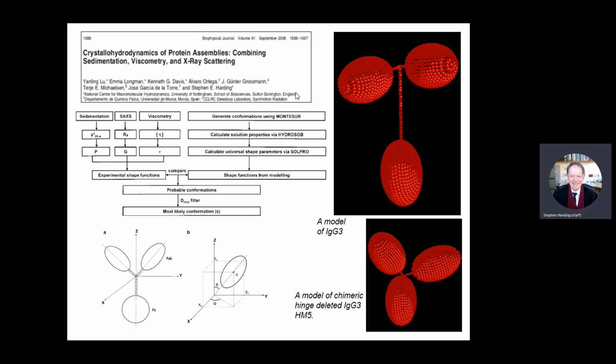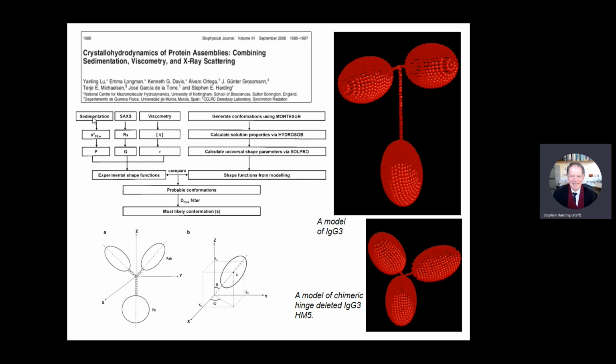This is Yanling Liu, Emma Longman, who was a former MSc student with us, the old ABT course. She was an MSc student with Pfizer, and we were looking at the effects of doing mutations on IgG3. So this is the conformation of the IgG3 molecule with a long hinge, determined with bead shell modeling.